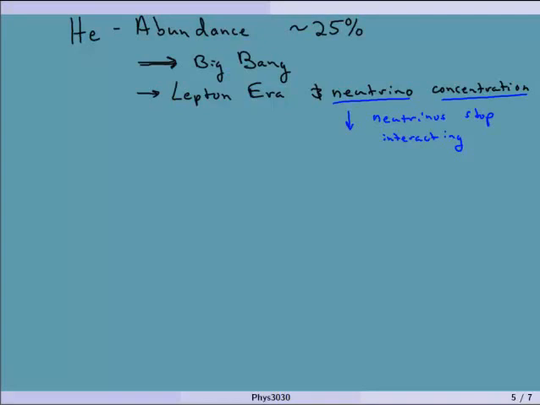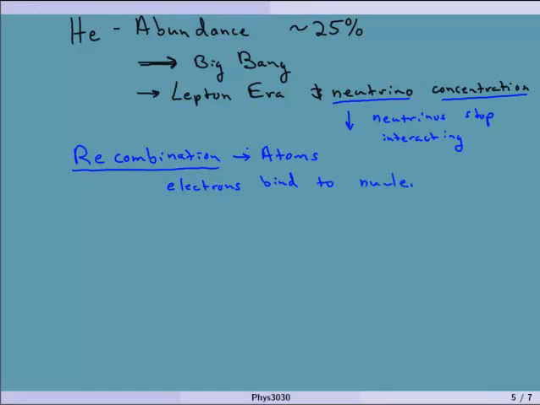Okay. Then after this, just a little bit further along the way, we get recombination, which, again, I'm not sure is the best word because nothing was necessarily ever combined, but then you actually start to get atoms. And the telltale sign of an atom, right, is electrons bind to the helium and the protons, so they bind to the nuclei.